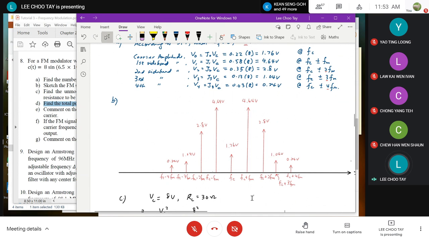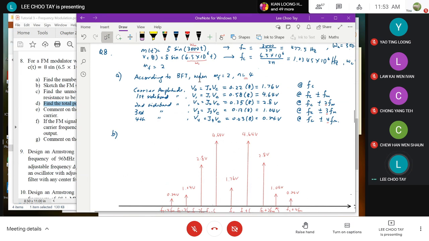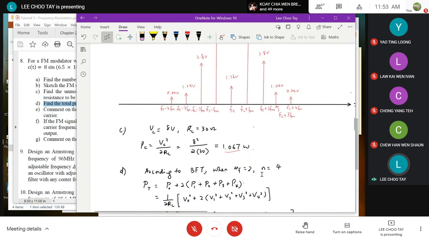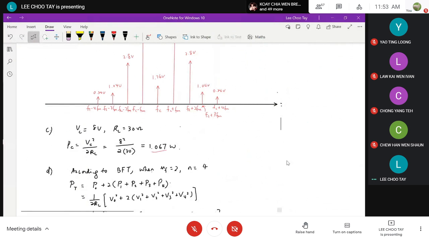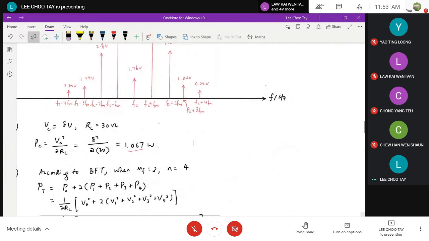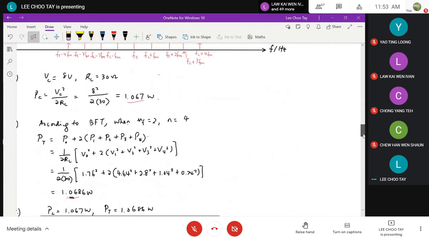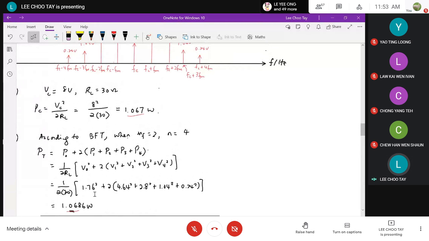These are the values I actually computed here, so I can straight away make use of them. So that gave me 1.0686 watts.